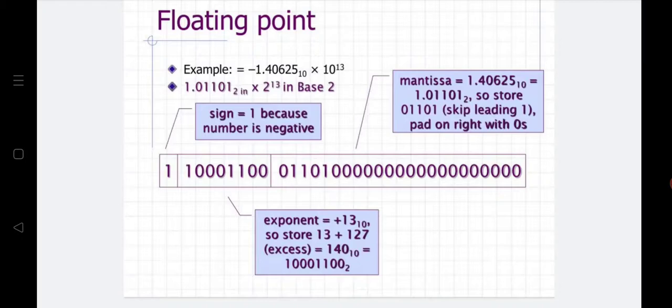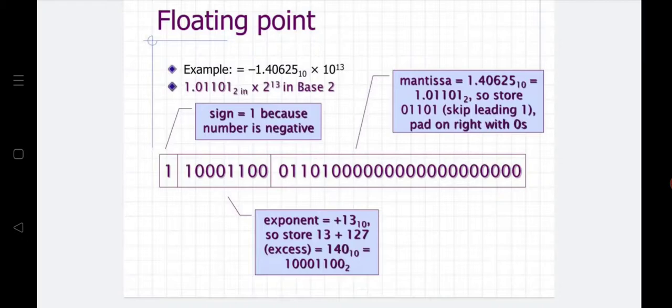Always keep in mind that the exponent should be an 8-bit representation. For example, if I got the value 1100, then I need to append 0s on the left side to make it an 8-bit number.